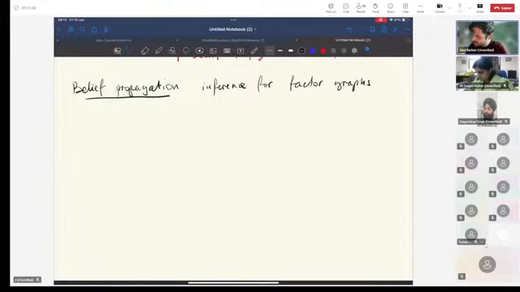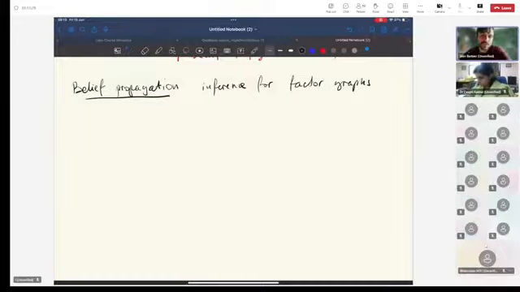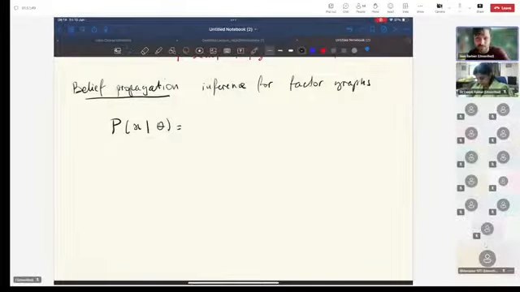So a factor graph is just a graphical way to represent certain types of probability distributions, which is very general, which are just probability distributions that can be written in a factorized manner. So that's why it's called a factor graph. So let's say you have a probability distribution over X. It may depend on some parameters theta, let's say the data in an inference problem, the measured data. If this is a posterior, this would be conditioned on the data.